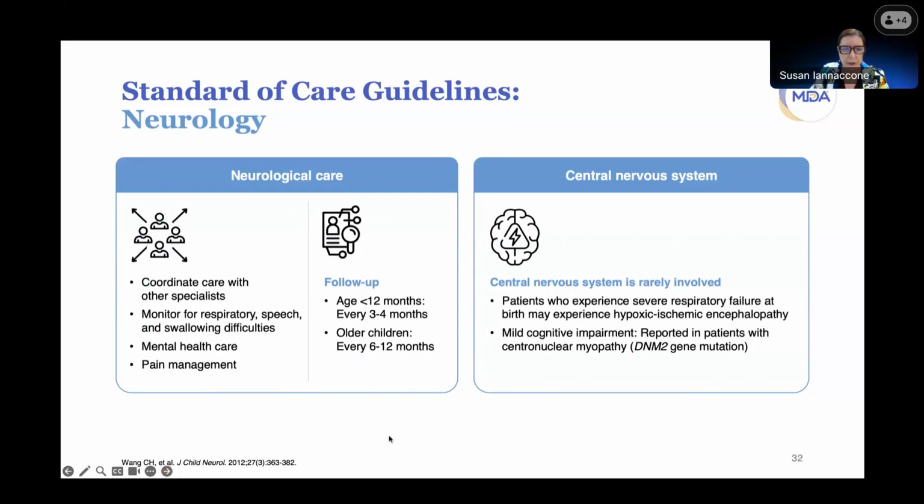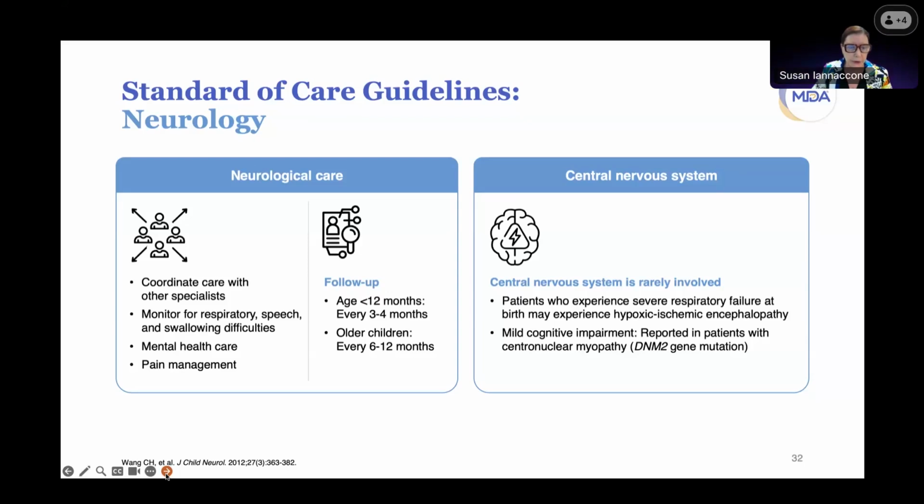So under neurologic care, again, it is usually the pediatric neurologist who coordinates care for all the subspecialties. Patients are seen regularly, usually every 6 months, depending on the diagnosis and the age. For younger children, we want to see them more often because we're monitoring growth and development and respiratory function.